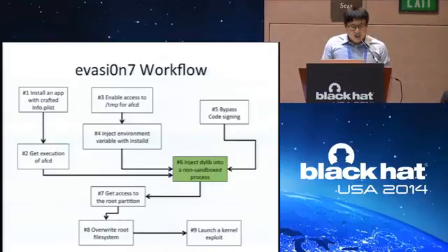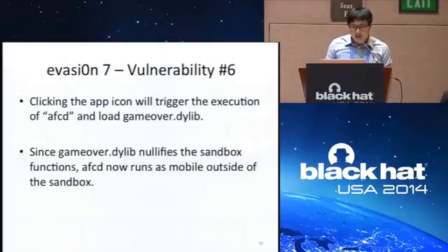And the sixth step is combining number 2, number 4, and number 5. By combining them, now Evasion 7 can inject the dynamic library into a non-container process to escape the sandbox. So the previously installed application at stage 1, on clicking the app icon, will trigger the execution of another instance of the AFCD, and it will load gameover.dylib first.